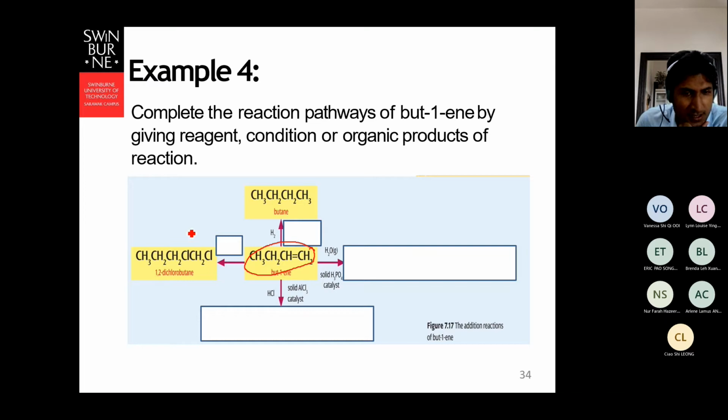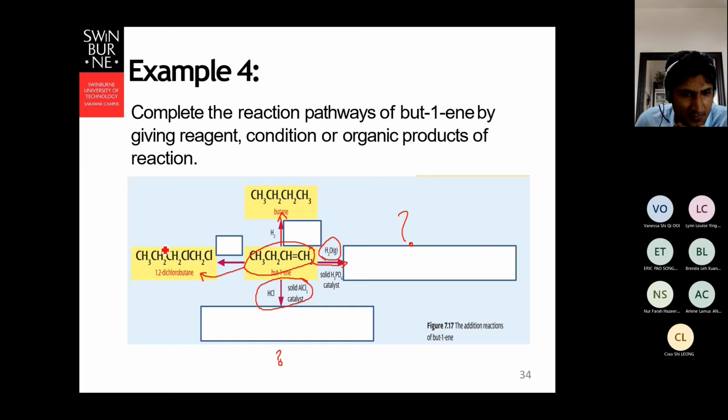From there, how can I get 1,2-dichlorobutane and also butane, which is saturated? And another reaction is asking what will be produced if we put water vapor in the presence of a solid phosphoric acid catalyst.